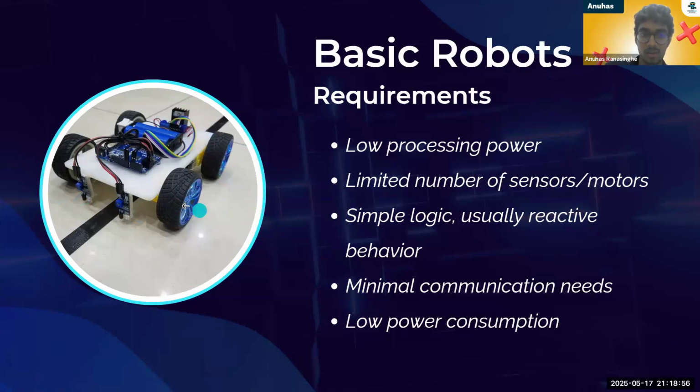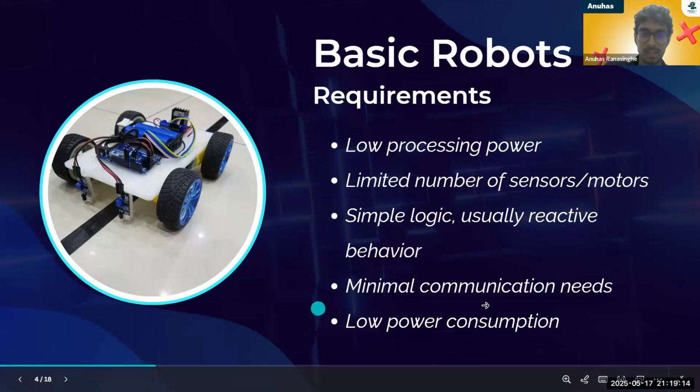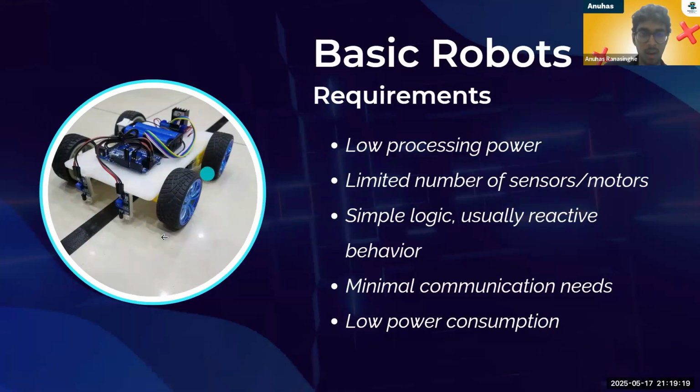We have to connect all of these things, and it doesn't require that much processing power. It needs only low processing power and a limited number of sensors. We need some number of IR sensors and only two motors. The logic is simple also, and minimal communication is required; this does not need any Bluetooth or Wi-Fi connection, and low power as well.